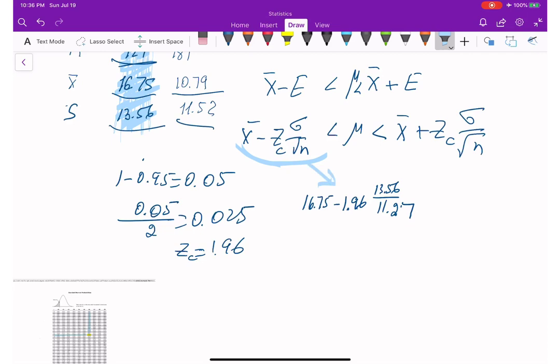So 1.96 times 13.56, okay, and divided by 11.27, and that is equal to 2.36. So 2.36, so 16.75 minus 2.36.